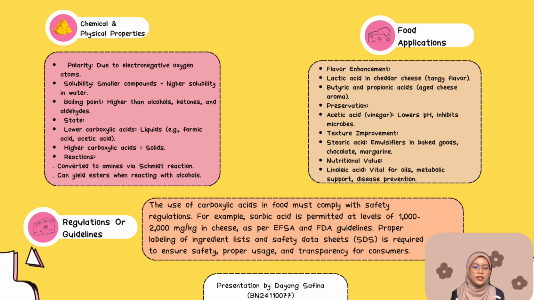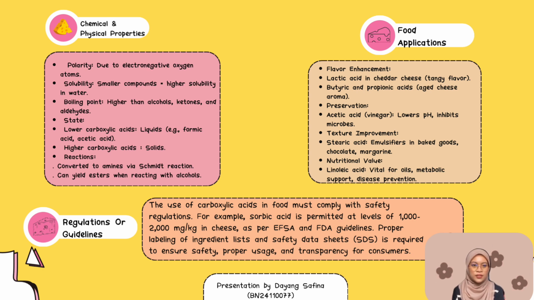Carboxylic acids are indispensable in food production for various reasons. Firstly, flavor enhancement. Lactic acid gives cheddar cheese its tangy taste, while butyric and propionic acids add unique aromas to each cheese. Next, preservation: acetic acid found in vinegar reduces pH and inhibits microbial growth.